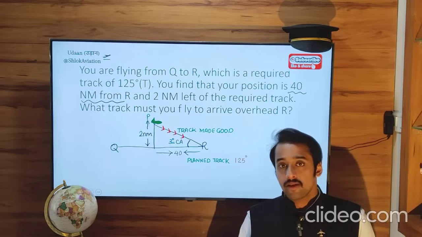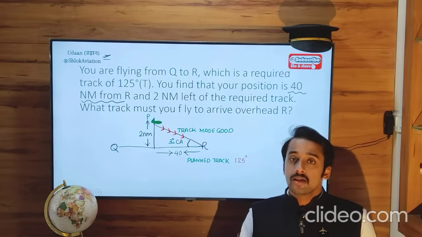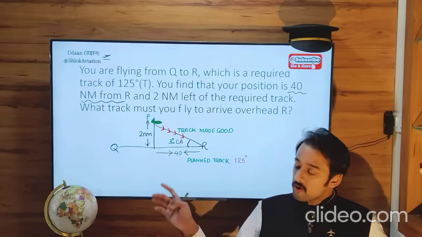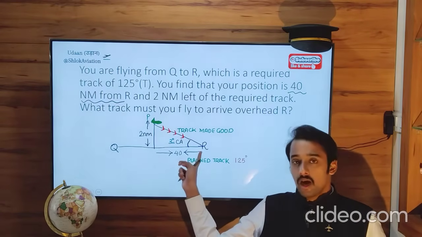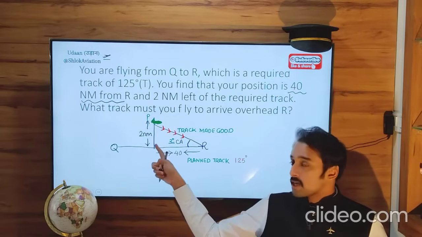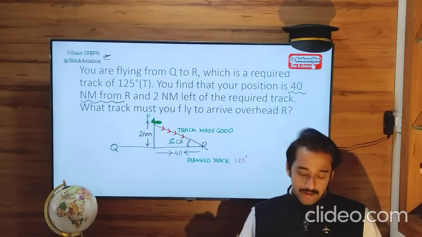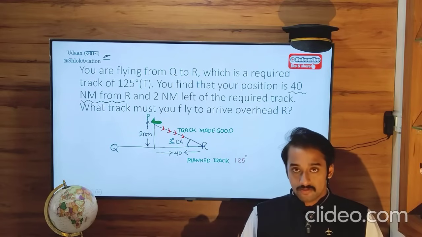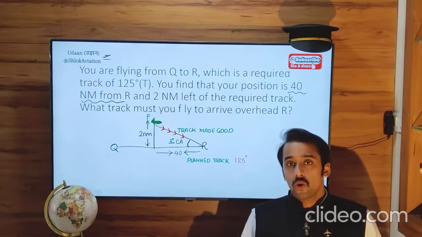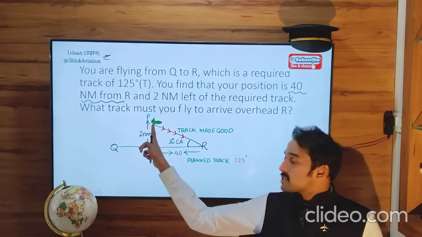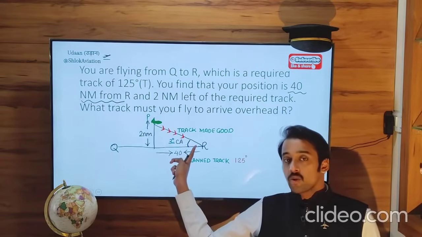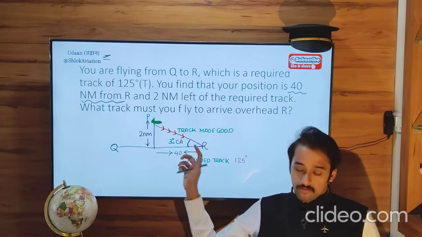Now in this question, we have been given a distance from the point of view of your destination. So you're 40 nautical miles from your destination R, and 2 nautical miles to the left of the planned track. What track must you fly to arrive overhead R? From this location, what direction of flight will you fly to come directly overhead R?